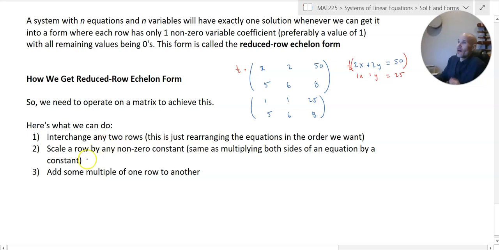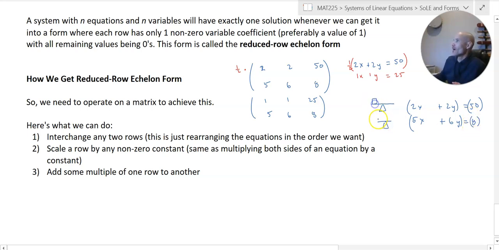Now, another thing I can do is add a multiple of any row to another row. That would be just like adding 2 equations together. You probably agree that I could add 2x plus 2y equals 50 straight down with 5x plus 6y equals 8. Because if you think about the balance of an equation, if the equation is balanced, that means the 2 sides have the same weight. So if I take this, and that's the same as this, and 5x plus 6y is the same weight as 8, that's also a balanced equation.